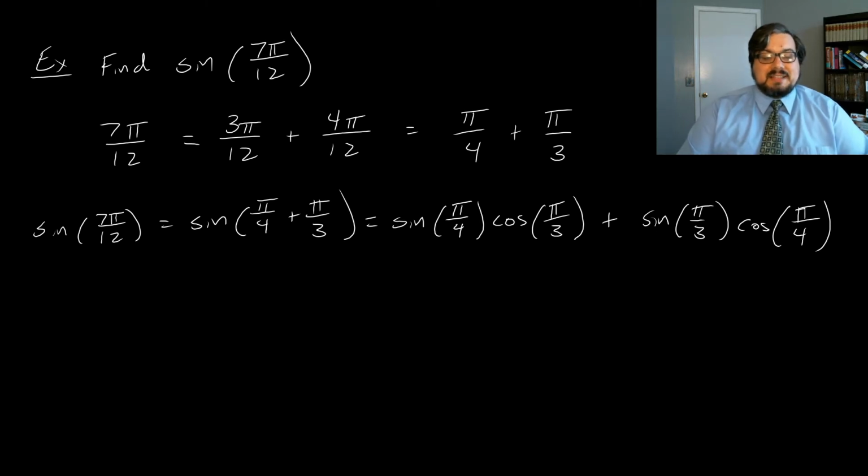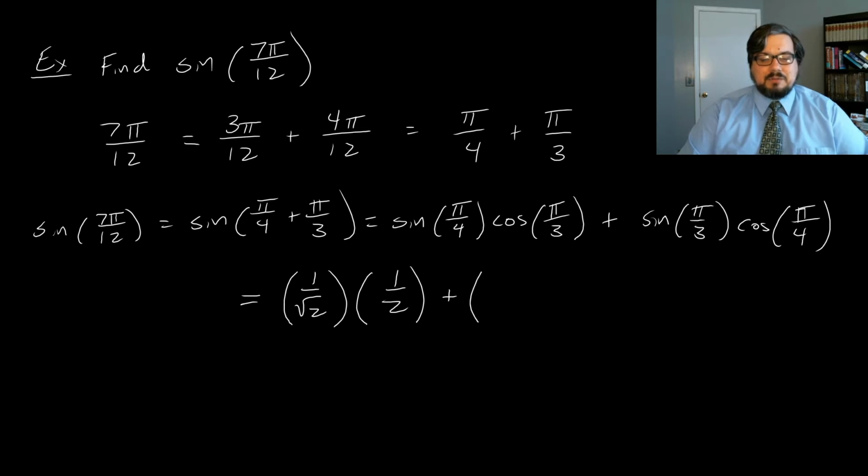Well, we can use the same triangles that we did last time, because we know that a 45-degree angle is the same as pi over 4. A 60-degree angle is pi over 3. So from this, we'd get that sine of pi over 4 is 1 over the square root of 2. Cosine of pi over 3 is 1/2.